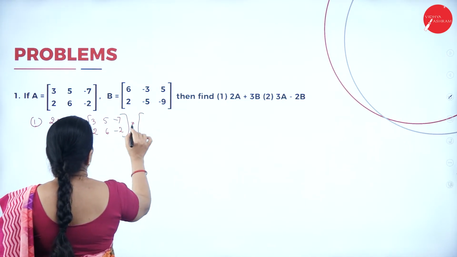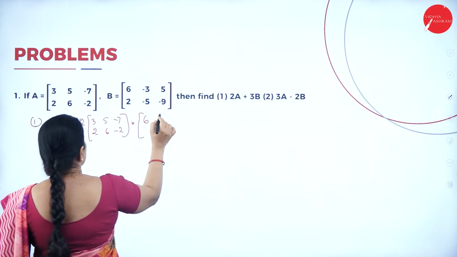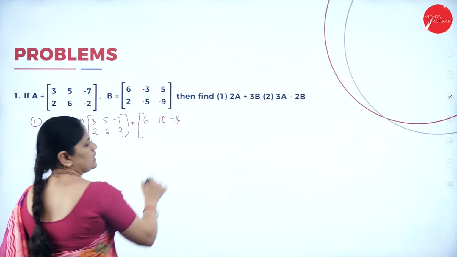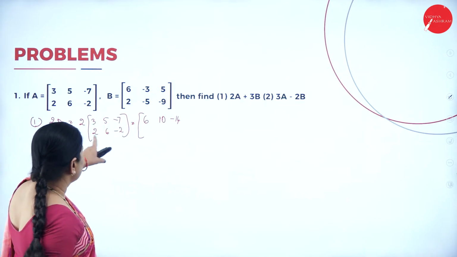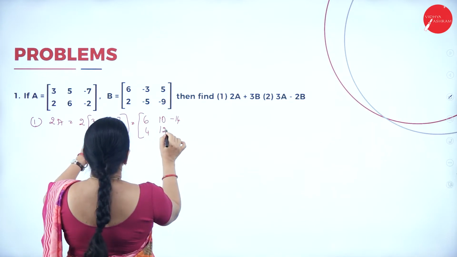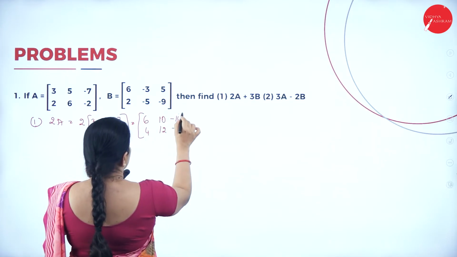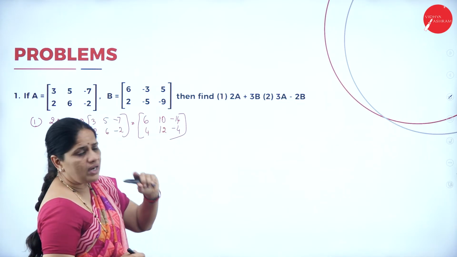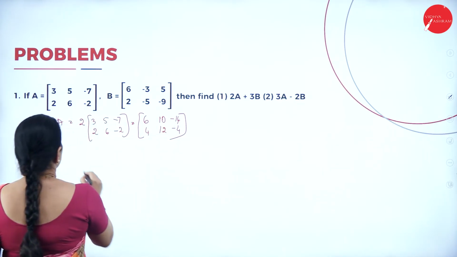So, this will be equal to 2 3s are 6, 2 5s are 10, minus 2 into 7 is minus 14. Then 2 2s are 4, 2 6s are 12, 2 2s are minus 4. So, we got 2A.